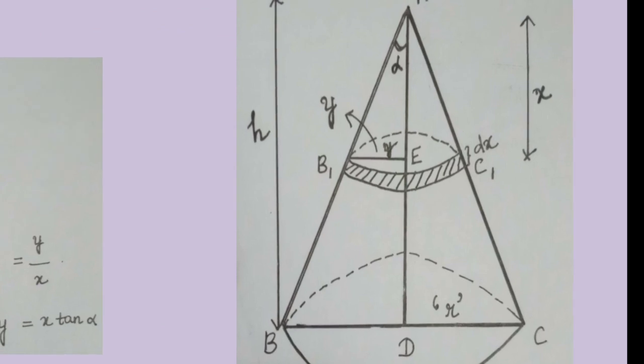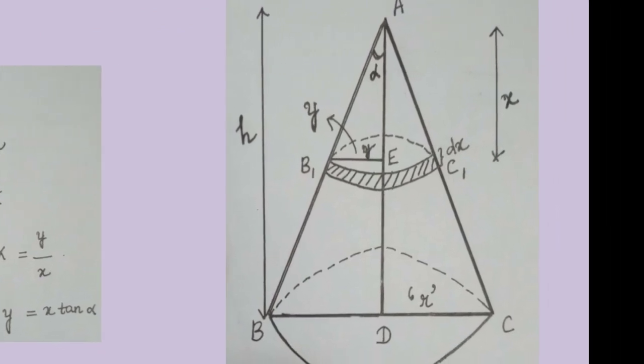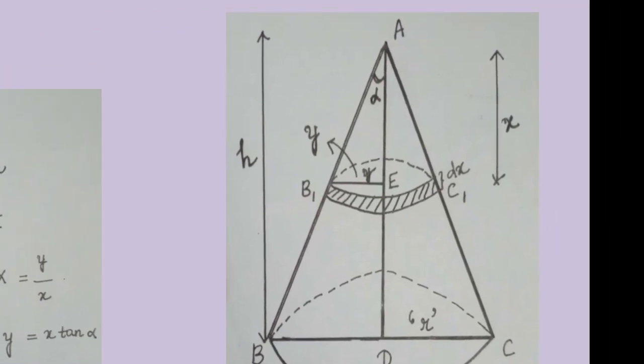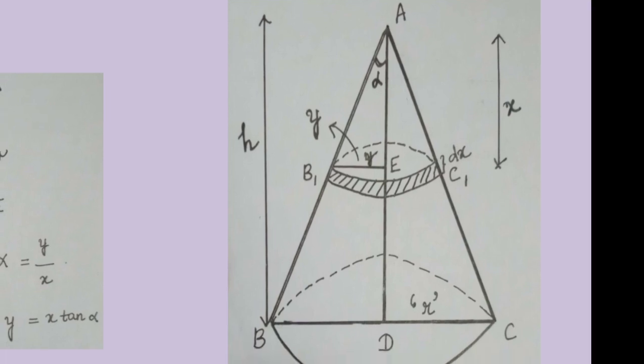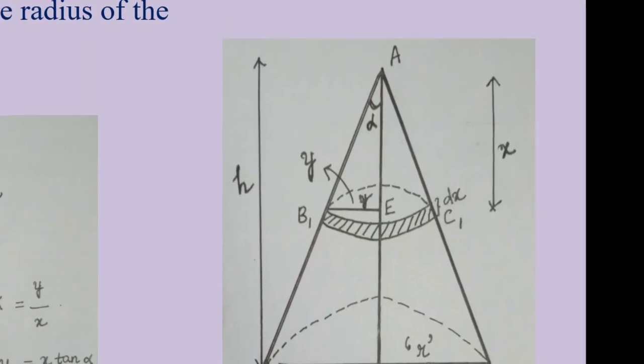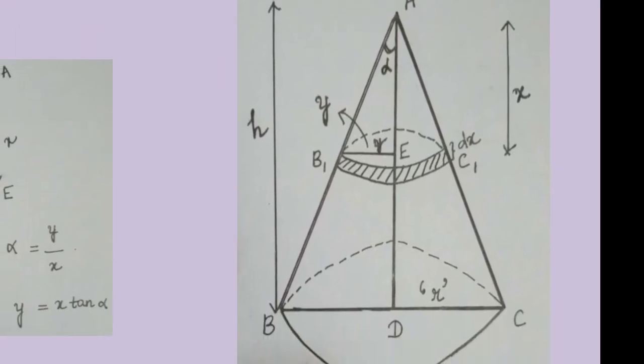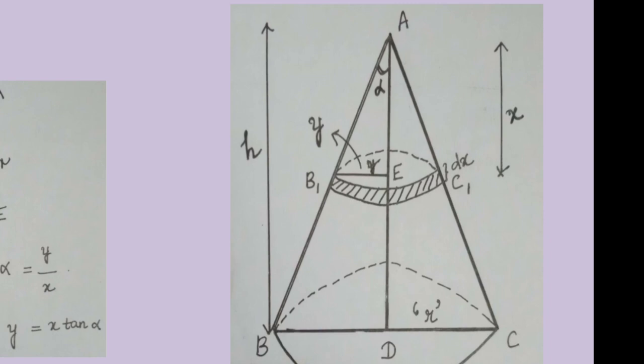See in this picture, the disk B1C1 has the radius y, and the angle between this altitude AD and the side AB is alpha.